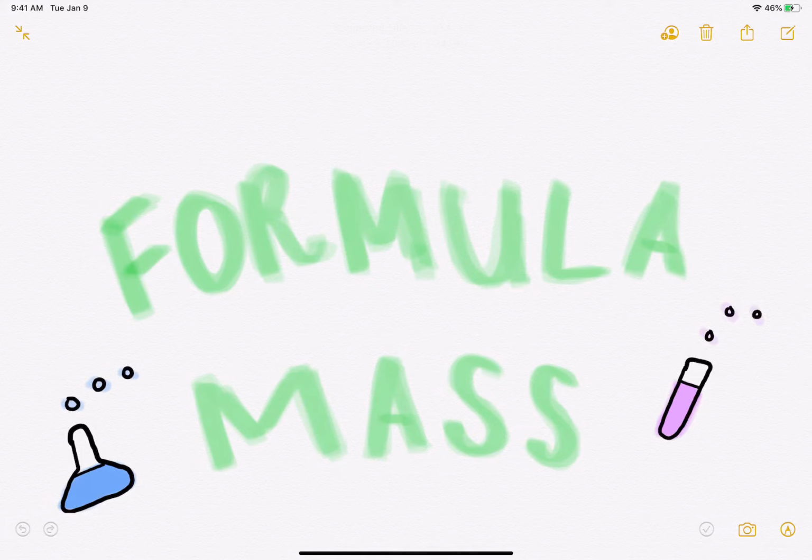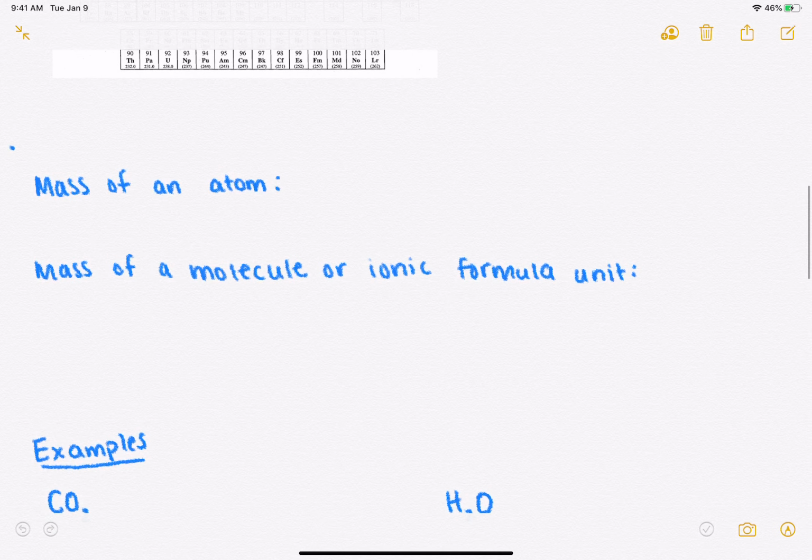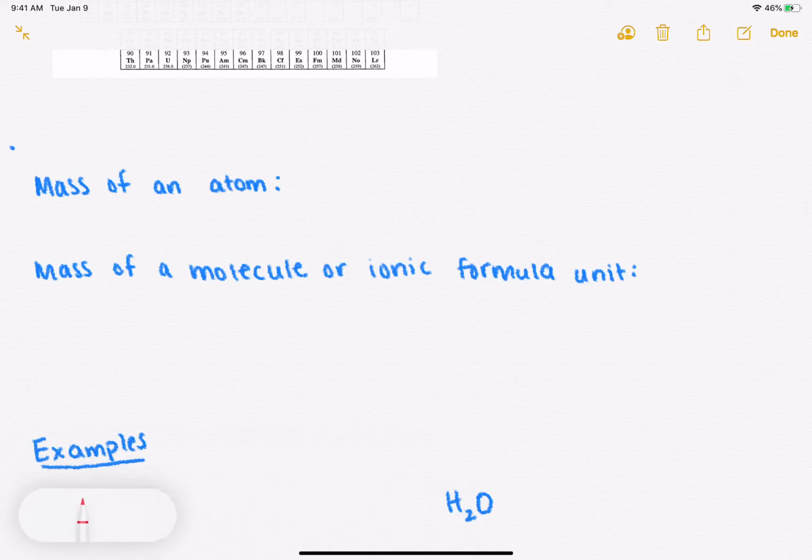Now we're going to look at a fundamental concept in inorganic chemistry, and that is the formula mass. As a little bit of a review from one of the previous lessons, there was one value that we would find that was the mass of the atom, and that was our atomic mass.